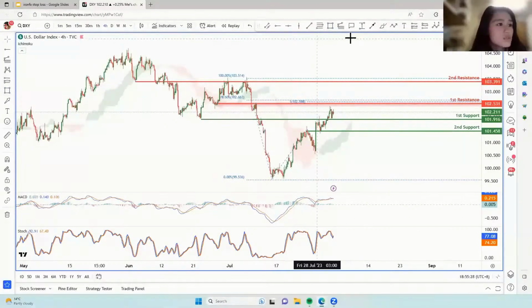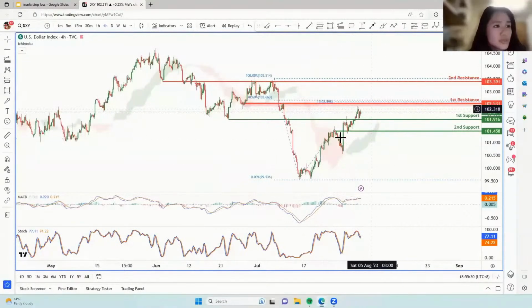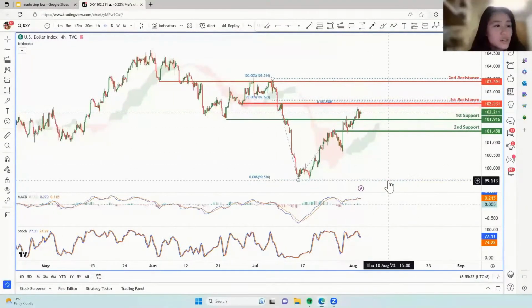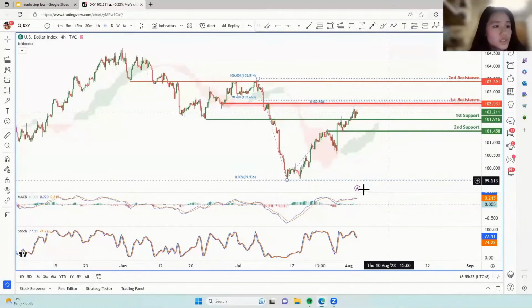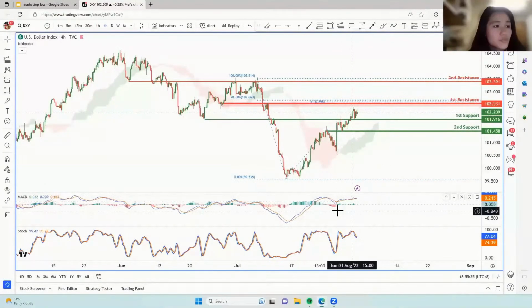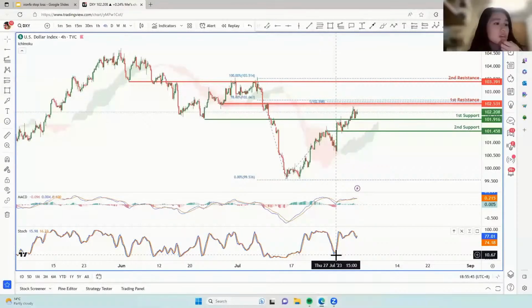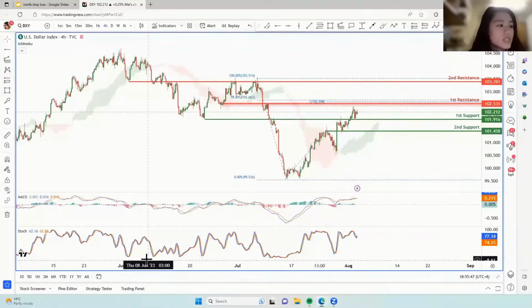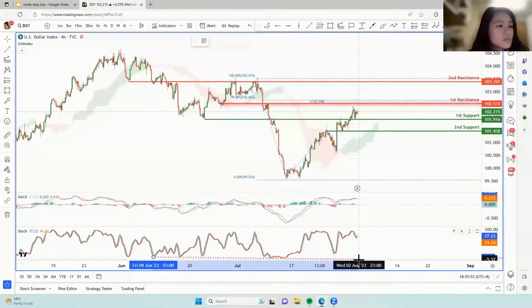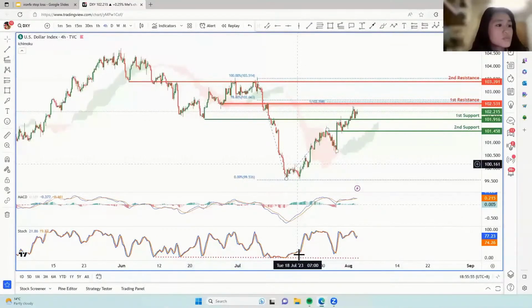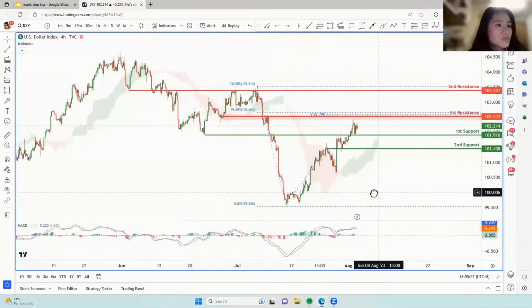Okay, I think that's it. So let's take a look at our indicators. Price is moving above the Ichimoku cloud. It's also giving us bullish on our MACD. Okay, RSI isn't really telling us much here.